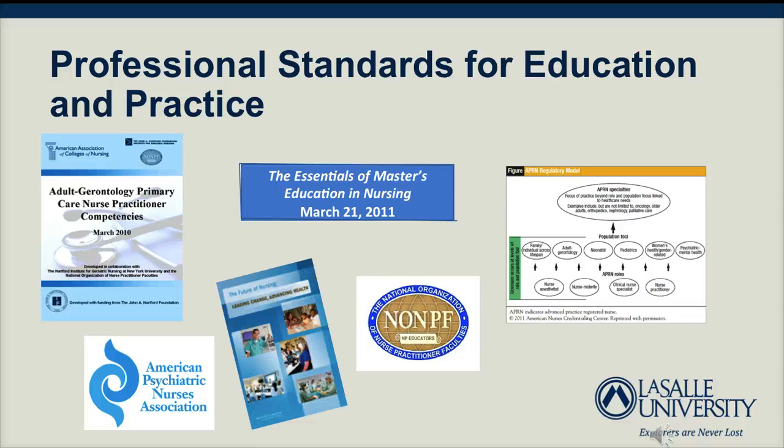We also use professional organizations such as the American Psychiatric Nurses Association, the National Organization of Nurse Practitioner Faculties, Future of Nursing, the Essentials of Master's Education in Nursing, which are our accreditation standards, and then the APRN regulatory model, which is shown on the right, speaks to the APRN roles, the population focus, and then the specialties. And for all of our tracks, it is a primary care focus.